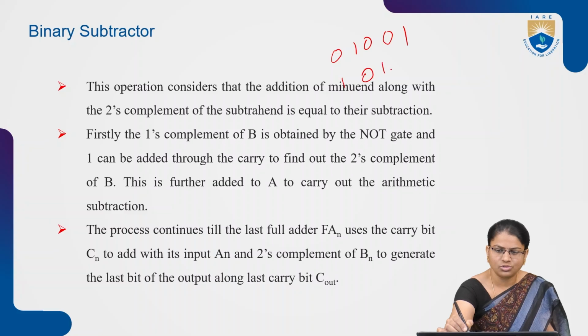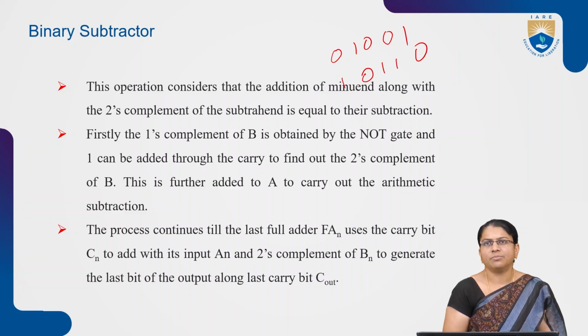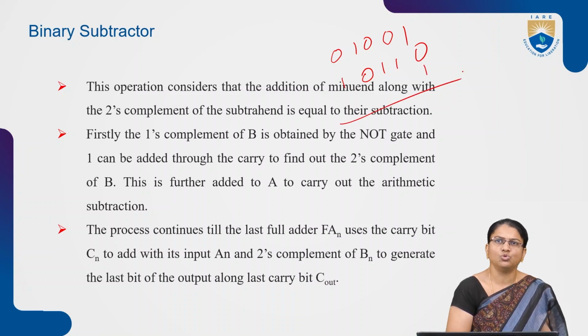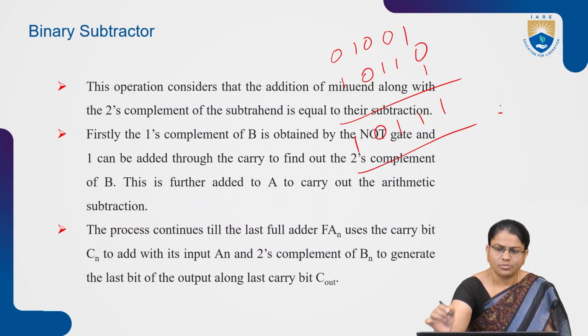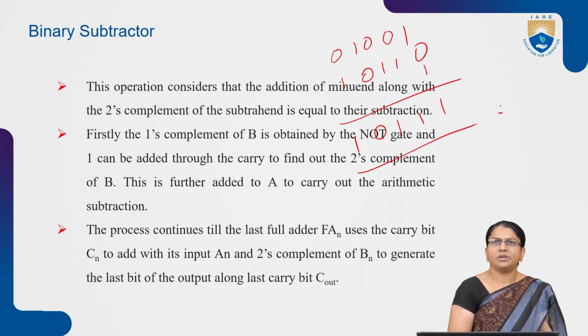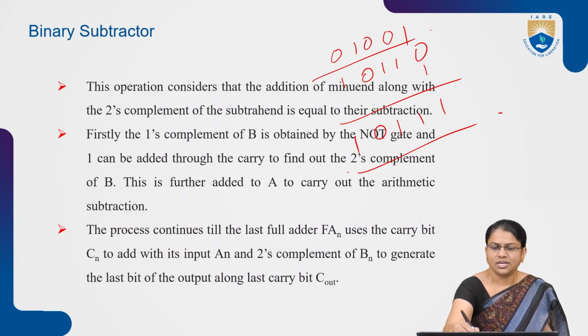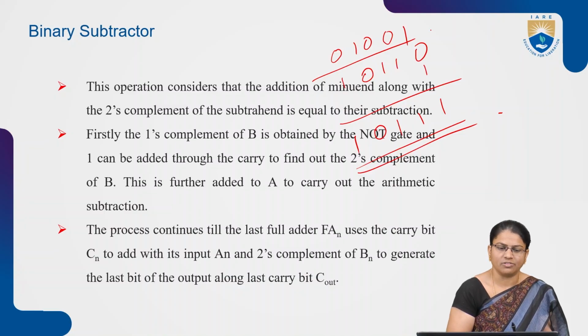So by taking the 2's complement of this number, by adding 1 to this 1's complement, it becomes the 2's complement of the number. Right? This is the 2's complement of the binary equivalent of this number. So we are getting the 2's complement as 10111 as the binary equivalent.